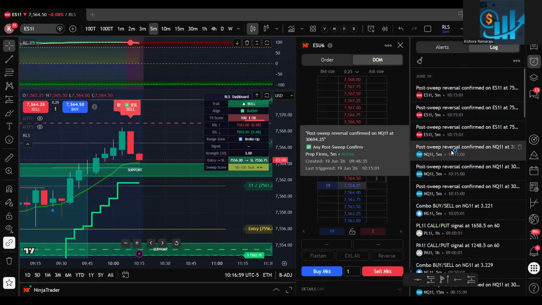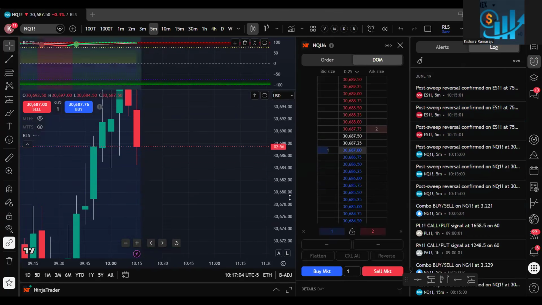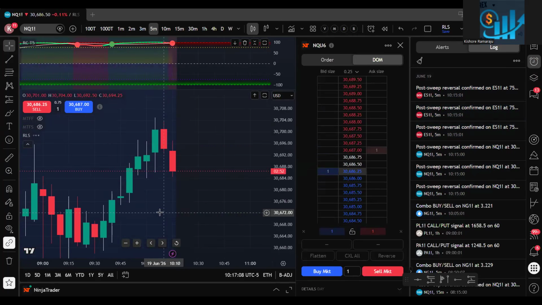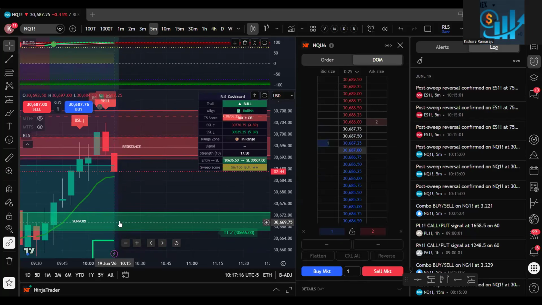If I go to NQ, right, you got a BSL signal, you got a BSL sell signal, and then we may see all the way up to here. So I can go and do a short.